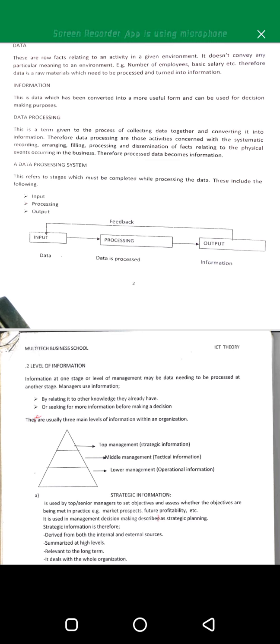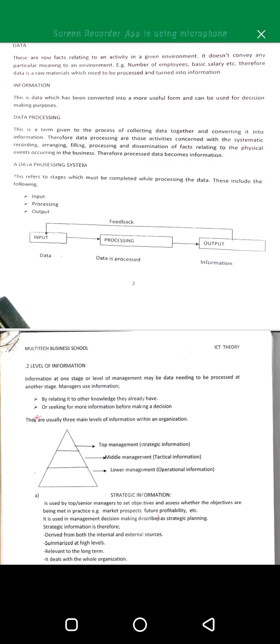So at the input stage, this is where you input data. You don't input information. The moment you input information, you're wrong because information is processed data. Before you process it, data will remain data. It will not turn into information, not until you've processed it. Then you follow those arrows.